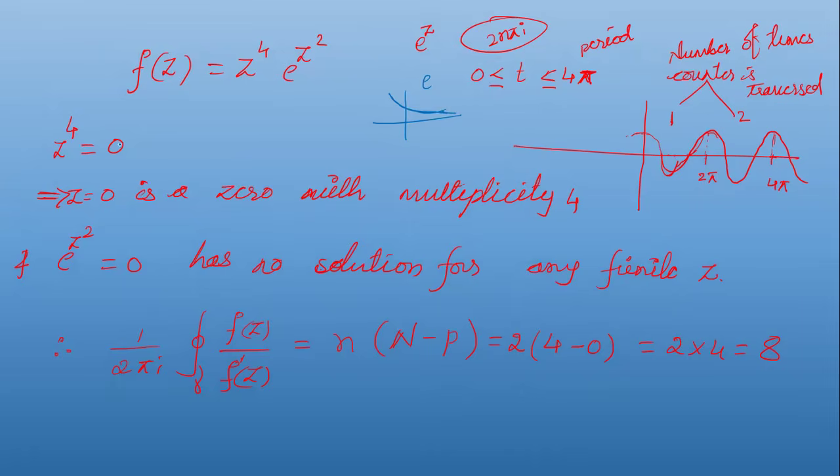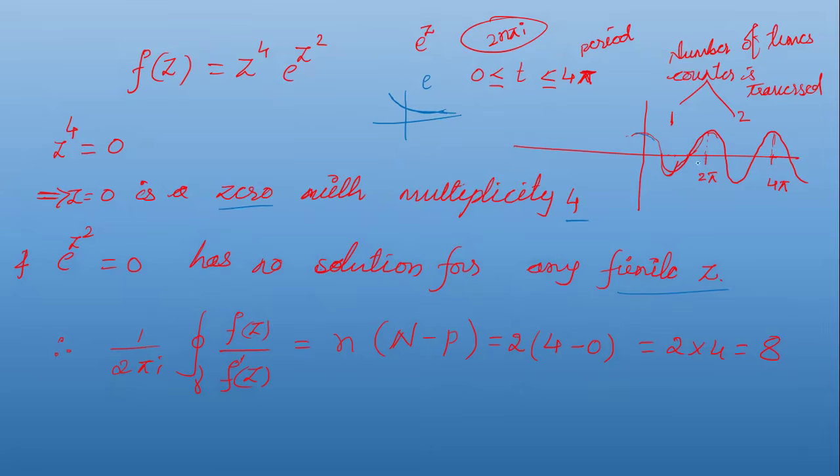Now here z raised to 4 is equal to 0. This implies z is equal to 0. z equal to 0 is a zero with multiplicity. Here multiplicity is 4, and e raised to z square is equal to 0 has no solution for any finite value of z, because e raised to z is periodic with period 2n pi i.